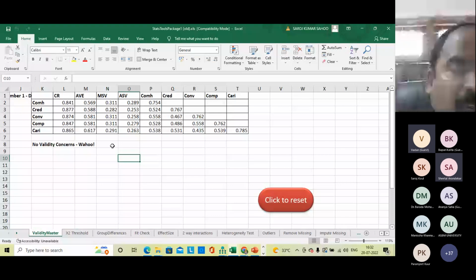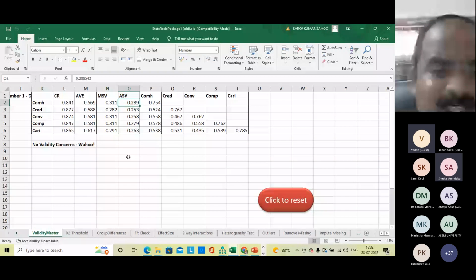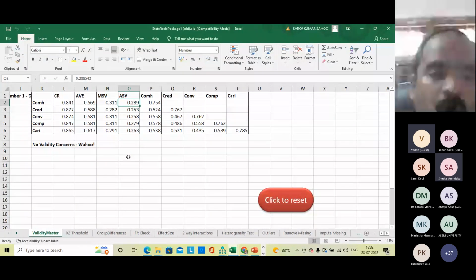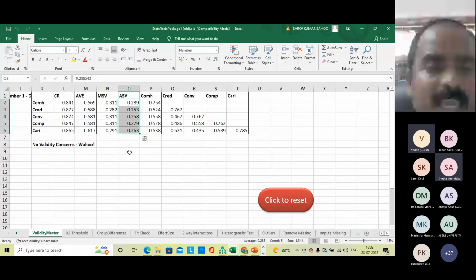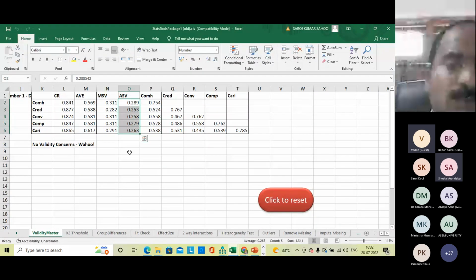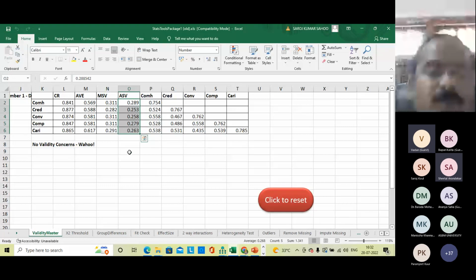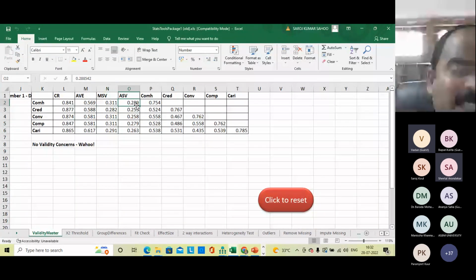And all the ASV values, ASV means average shared variance, are also less than their respective AVE values. Look at the ASV value of comprehension, 0.289, which is less than the respective AVE value, and also less than the MSV value.